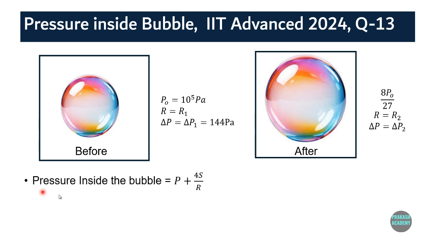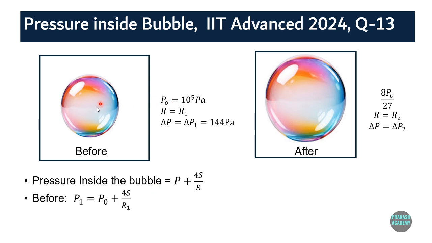Now we have this equation. If you remember, there is a relationship between excess pressure, chamber pressure and surface tension. The excess pressure is 4S by R. Excess pressure plus chamber pressure is equal to the pressure inside the bubble.